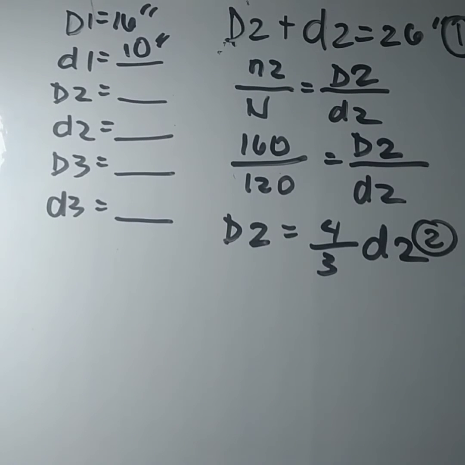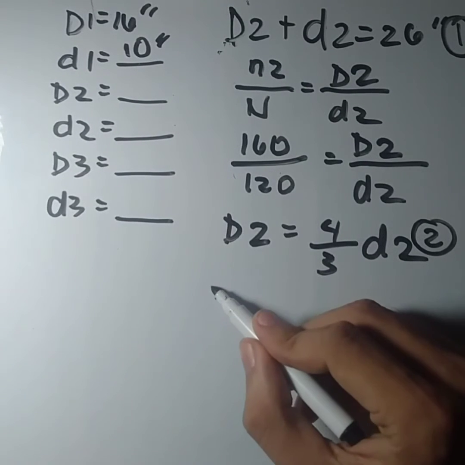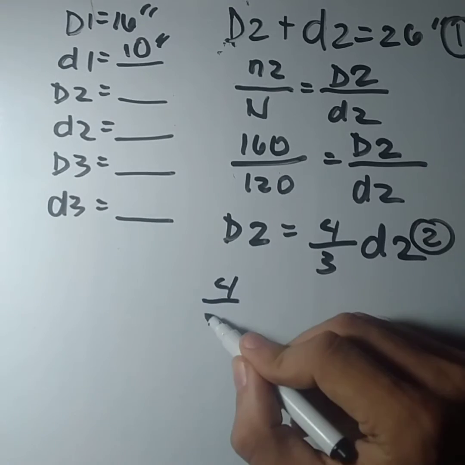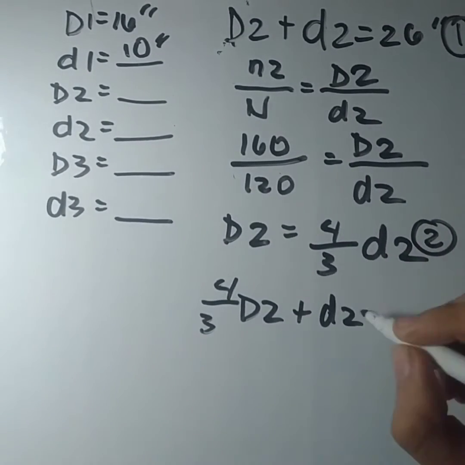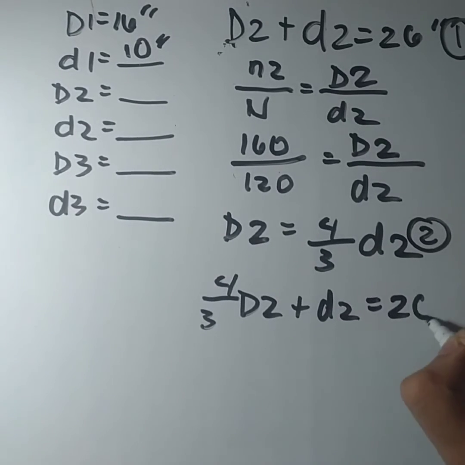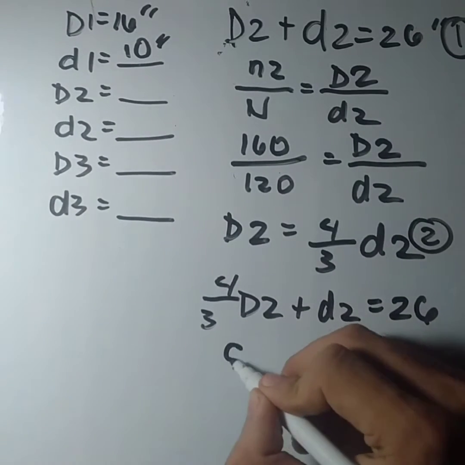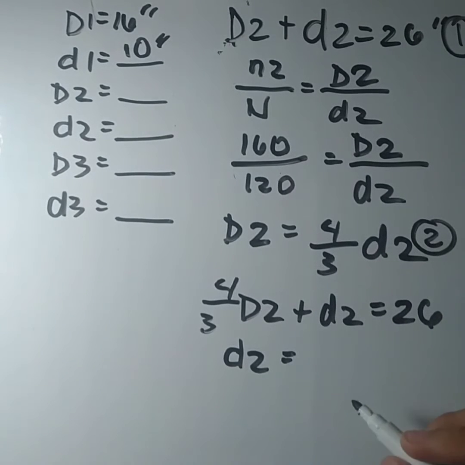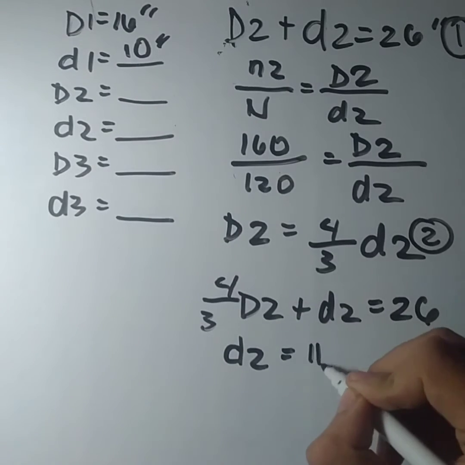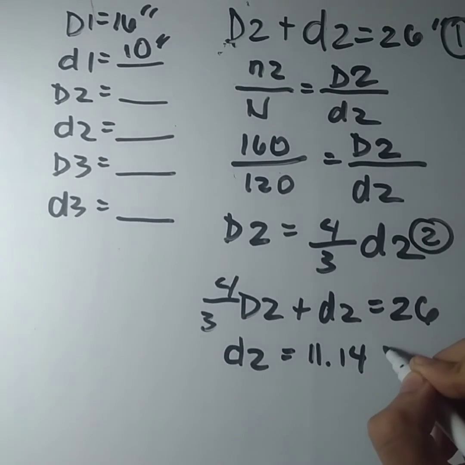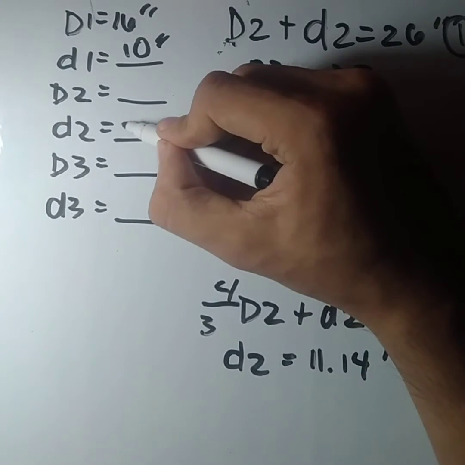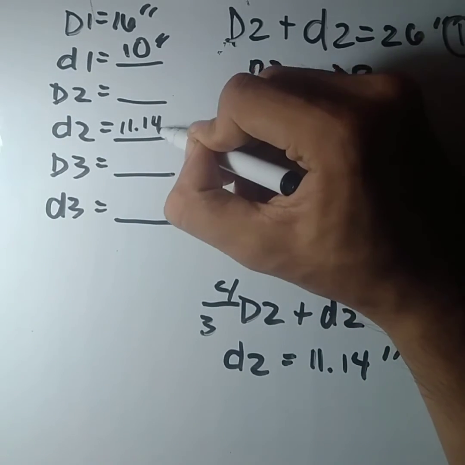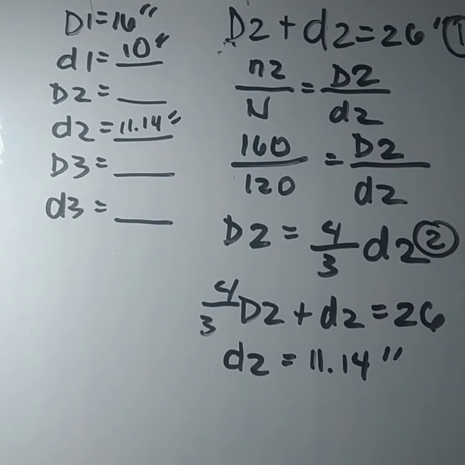So, mula dito, substitute natin. So, meron tayong makukuhang value na 4/3 D2 of the driver shaft plus D2 is equal to 26. So, by shift solve, we can get the value of diameter 2 of the driven shaft, which is 11.14 inches. So, meron na tayong value, 11.14 inches.